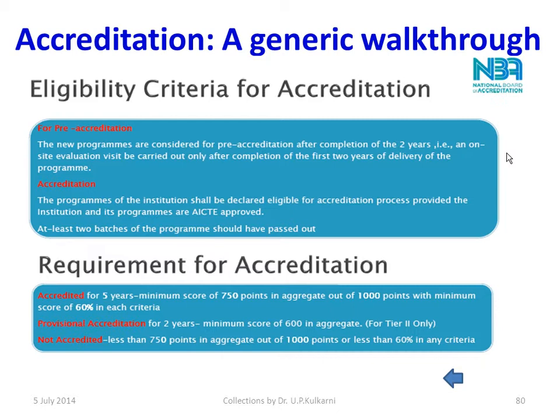For 2 years: minimum score of 600 in aggregate, for tier 2 only. Not accredited: less than 750 in aggregate out of 1000 points or less than 60% in any criterion. Now these requirements for accreditation have been changed. You need to refer to the NBA site regularly and see the changes. We are not going to cover any of that here.